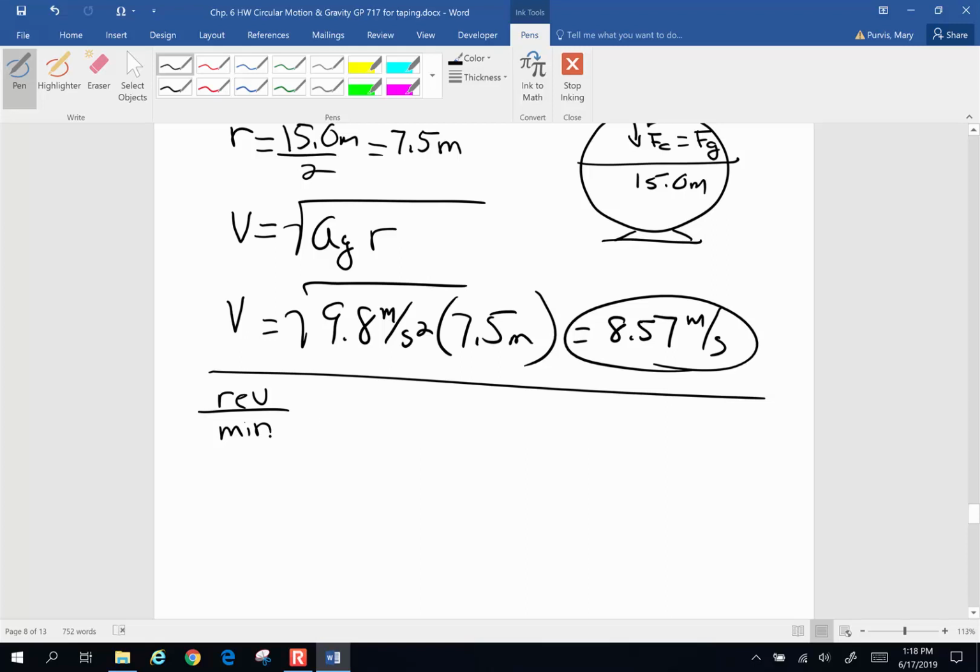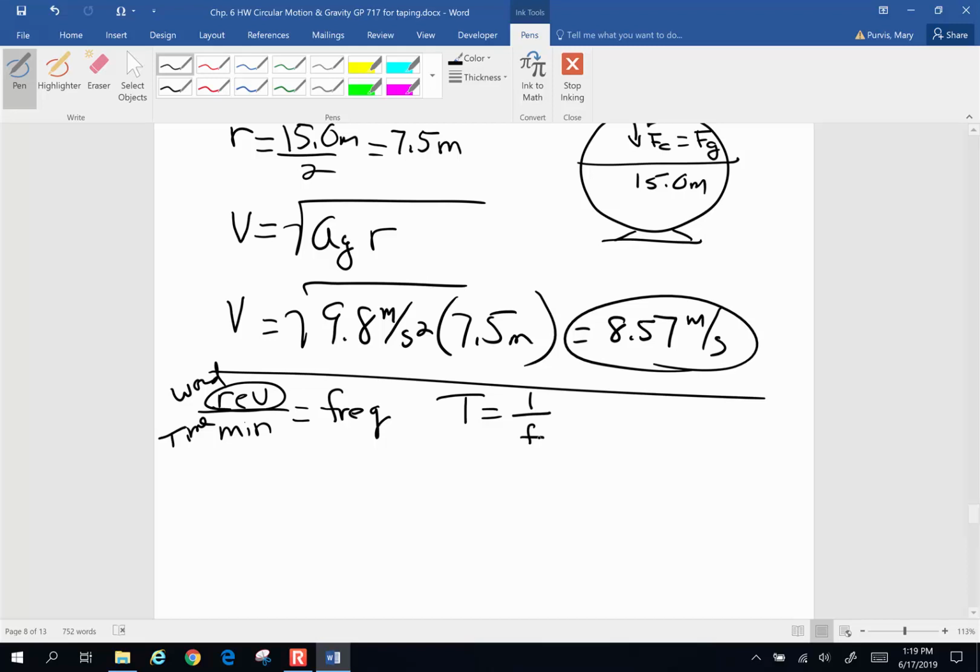Now, we can look at this from the point of view that revolutions per minute is a frequency, where revolutions is just a word in the English language, and minute is a time. So if we could figure out period is 1 over frequency, we would be in much better shape.